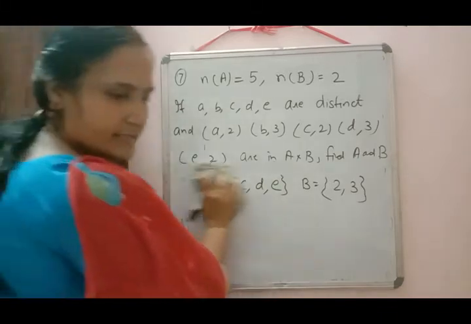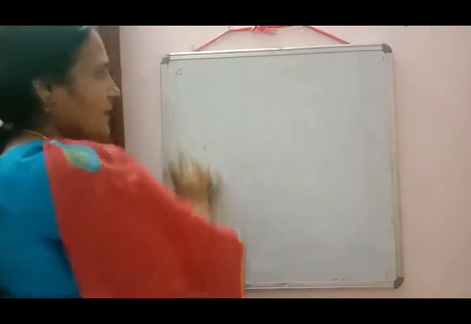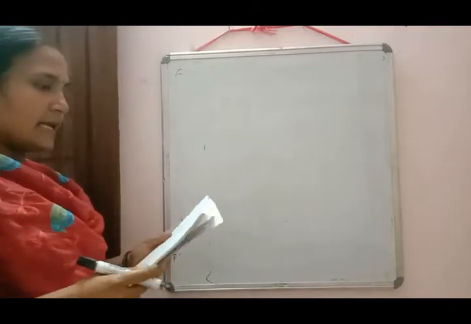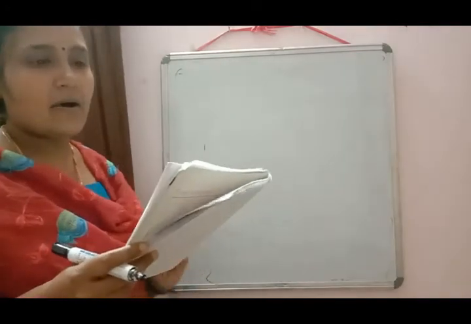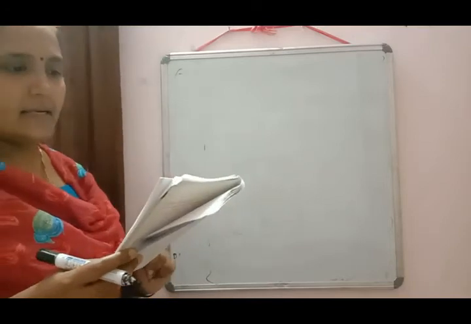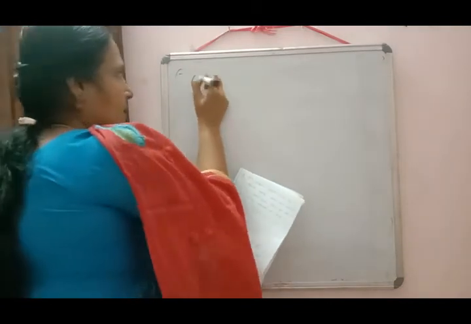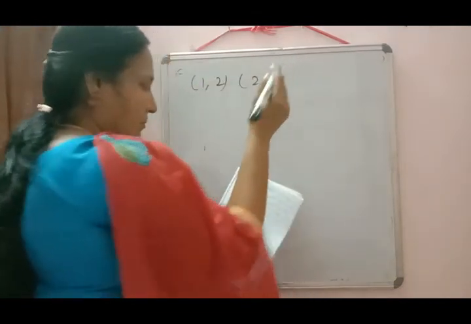Question number 8. The Cartesian product A cross A has 9 elements, among which are found (1, 2) and (2, 3).